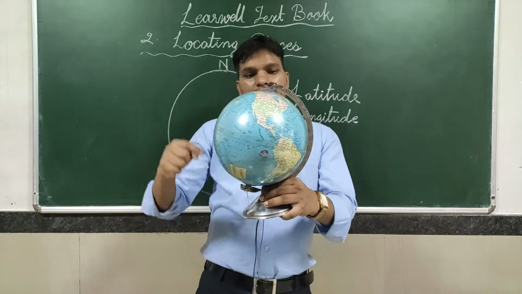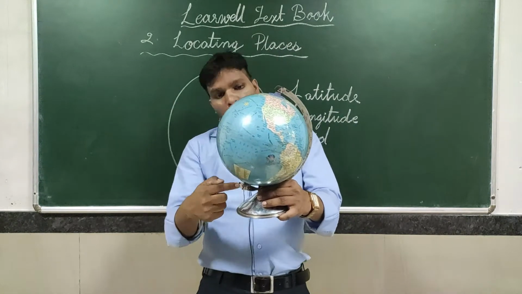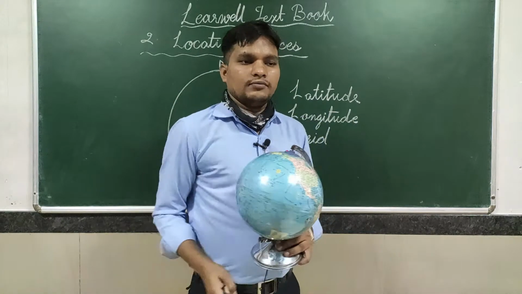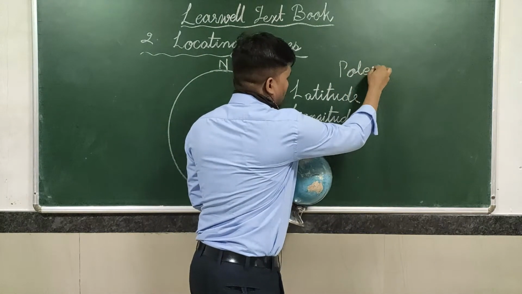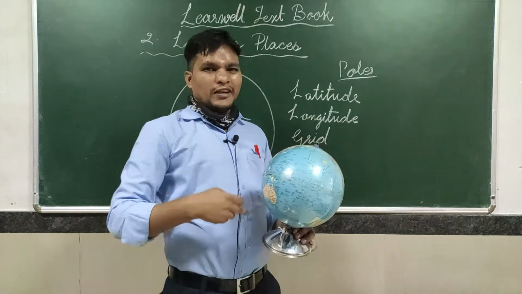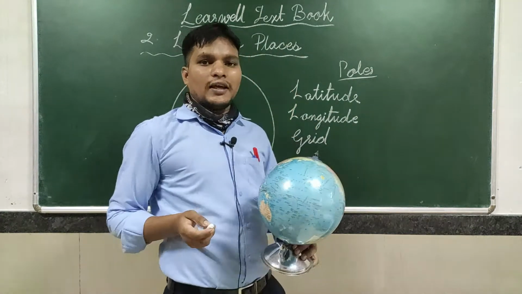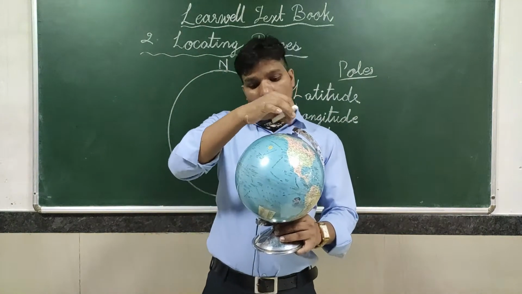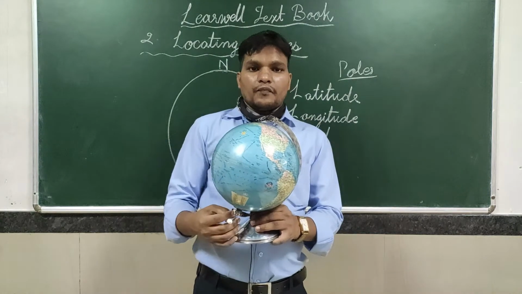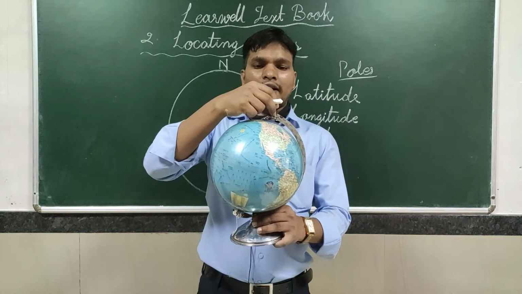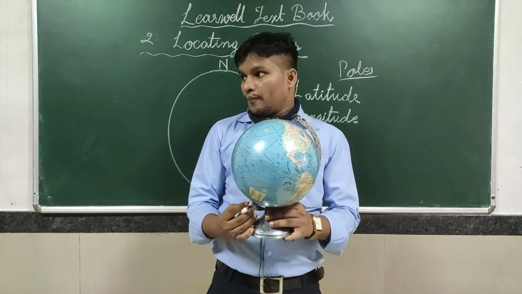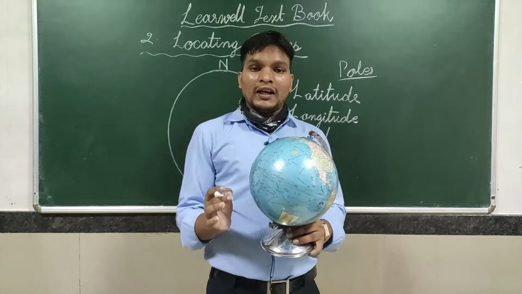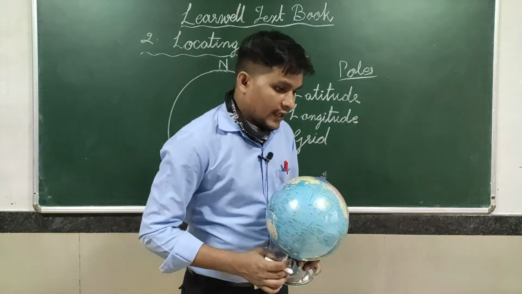Both ending points are called poles, P-O-L-E-S. Though it is plural, that's why I wrote S. The pole situated on the north side is known as the North Pole, and the one on the south side is known as the South Pole. You must understand properly what I am saying to you.